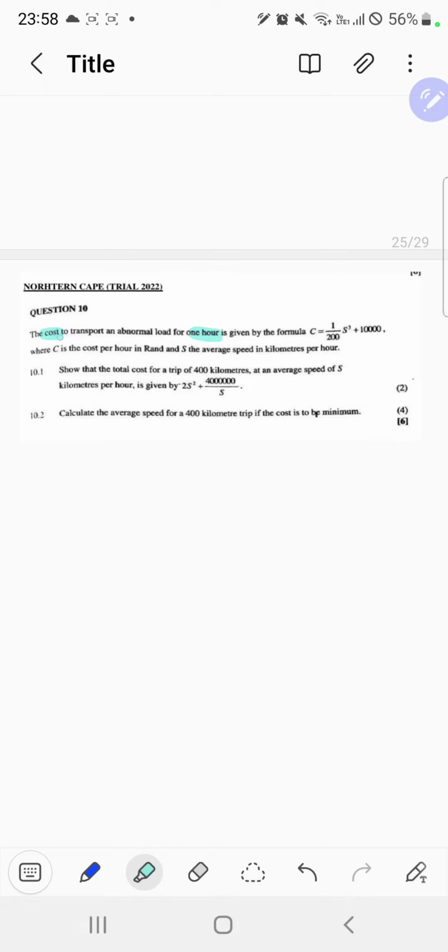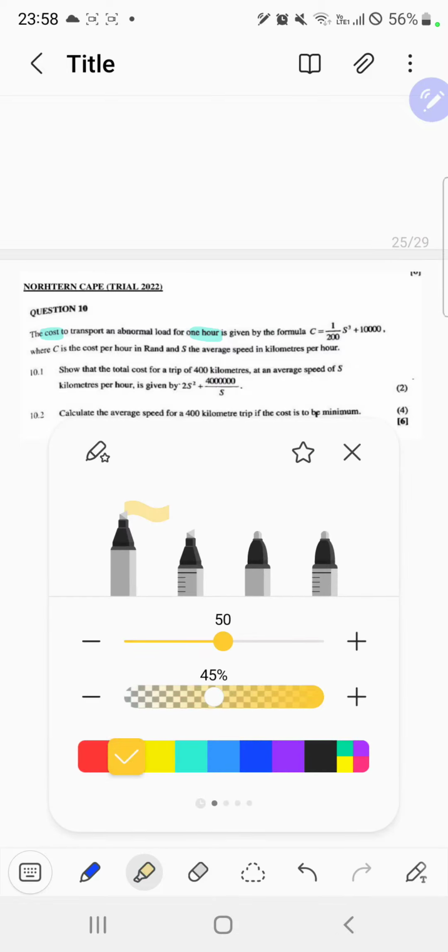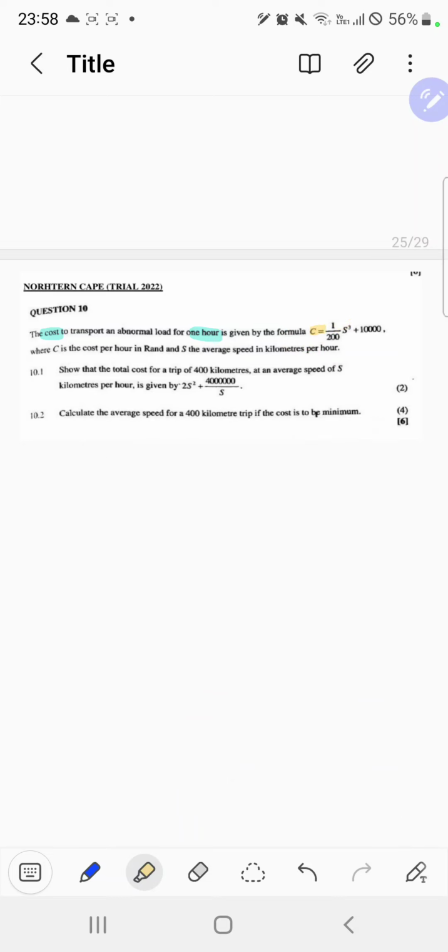So the comparison is between the amount of money we want versus 1 hour is given by this formula. Okay, quite complicated, it's quadratic. So it already tells you that this cost per hour, if you follow it as a sequence, it forms a quadratic sequence where you will have the first differences, second differences.